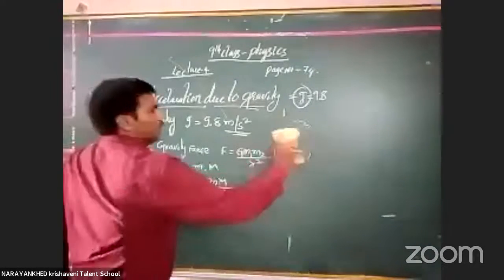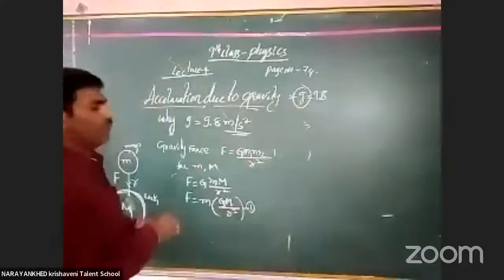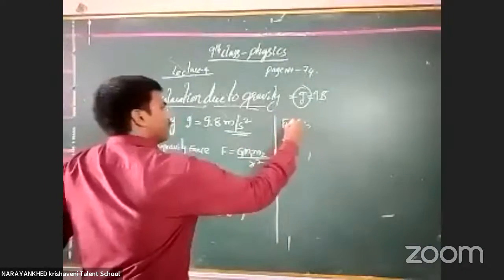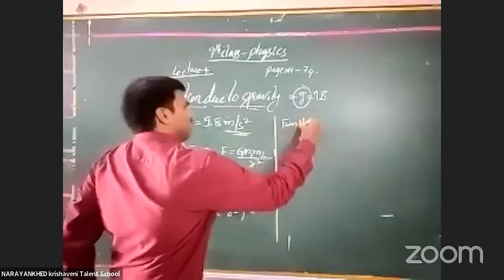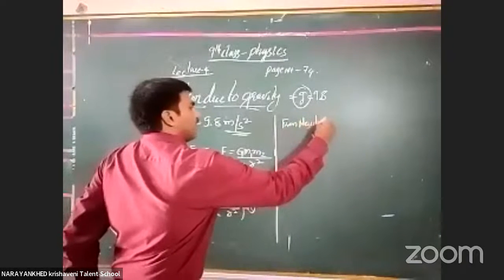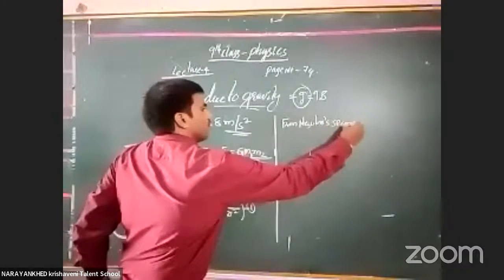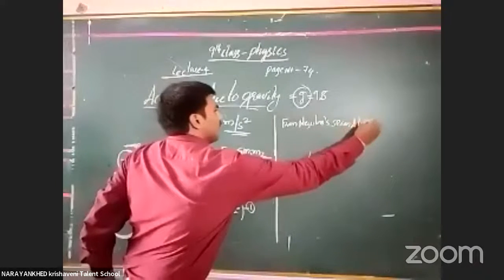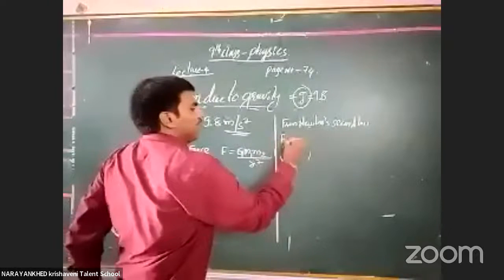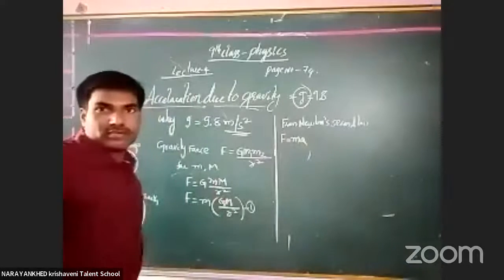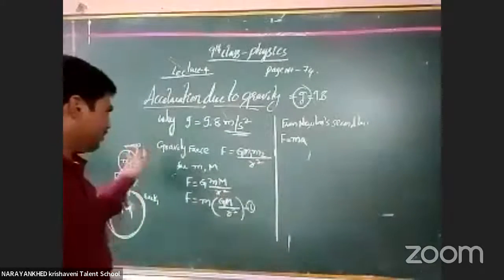Now, you know very well Newton's second law. What is Newton's second law? F is equal to ma. Written or not? Now which type of body is this?